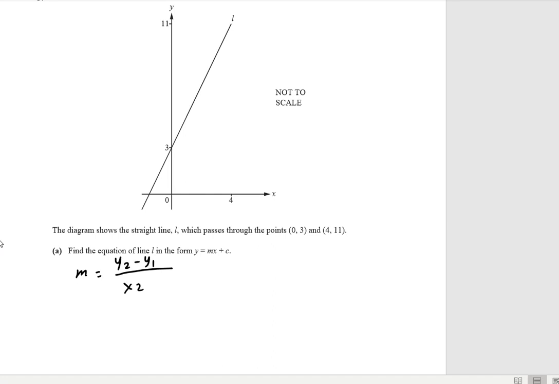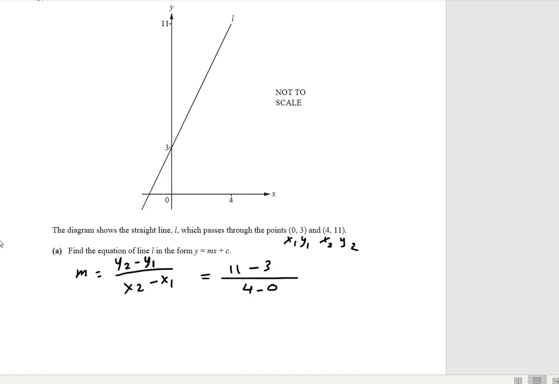x2 minus x1. This is x1, y1, and this is x2, y2. So let us go ahead with the equation. y2 is 11 minus 3, and then 4 minus 0.